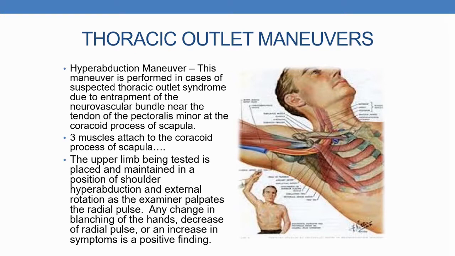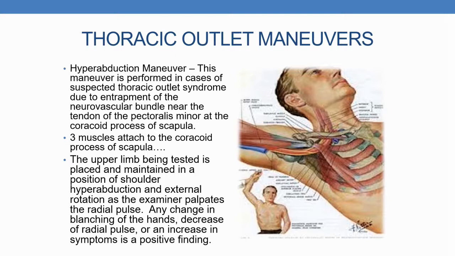Okay, the hyperabduction maneuver. This maneuver is performed in cases where the entrapment of the neurovascular bundle is suspected to be even more distally now, beyond the costoclavicular interval. Now, the neurovascular bundle, as it passes through the axilla, passes underneath the pectoralis minor muscle. And the pectoralis minor muscle attaches to the coracoid process of the scapula.